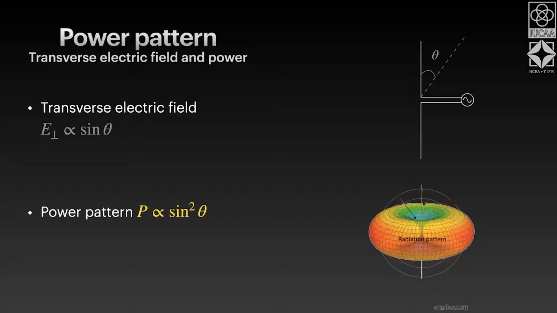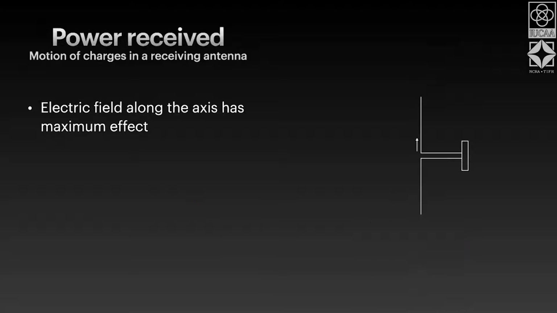It shows that at the middle of the dipole, along the horizontal axis, the power emission is maximum, and it goes to zero along the axis, following a distribution that goes as sine squared theta.